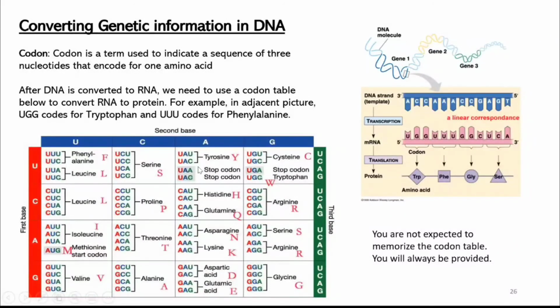So there are three ways of writing the amino acids. You can write the full name, phenylalanine. You can write the 3-letter code, PHE. Or you can write the single letter, which is F. And why is phenylalanine F, even though it starts with P? Because the P is already taken by proline.